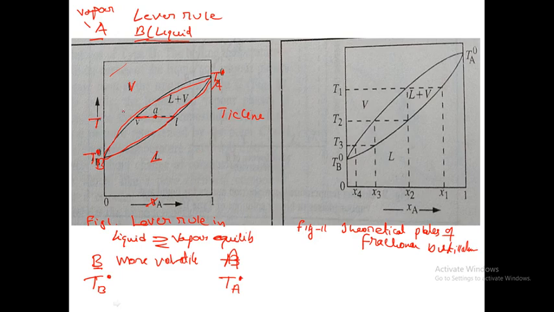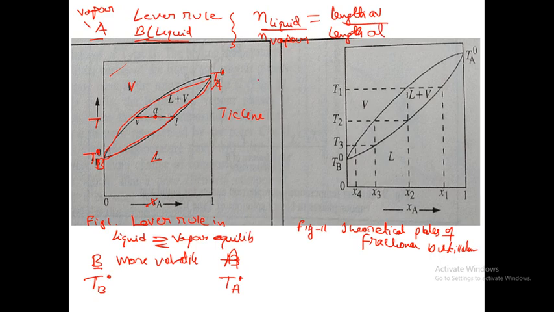The amounts of this liquid and vapor can be calculated. N liquid divided by N vapor: the liquid phase is the length from A to V, and the vapor phase is the length from A to L on the tie line.